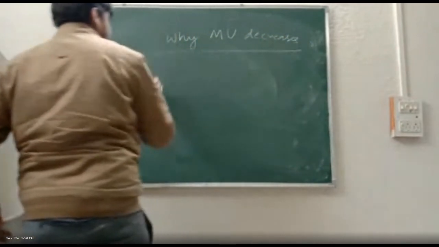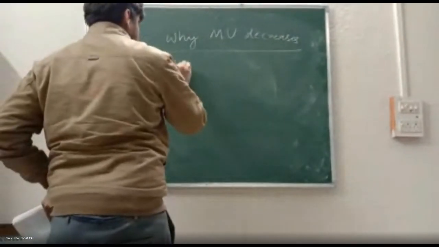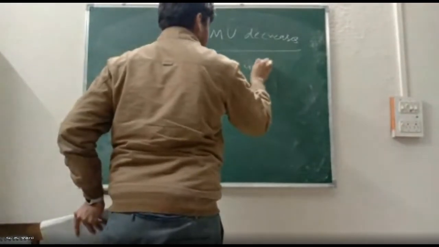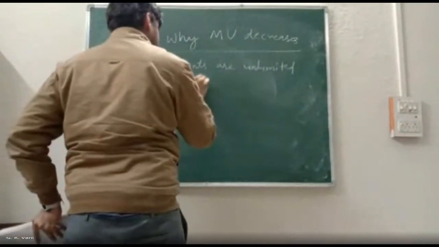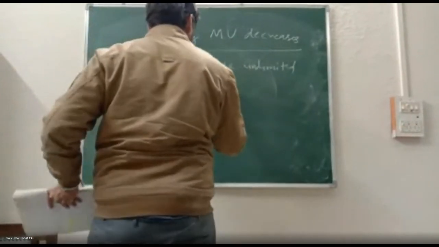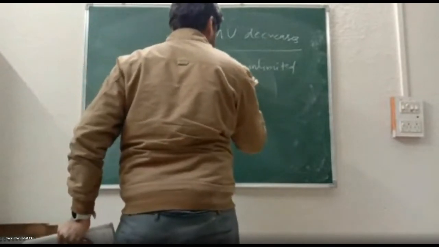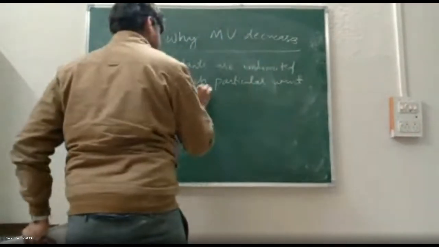Marginal utility decreases because of two reasons. One is that wants are unlimited, and each particular want is satiable.